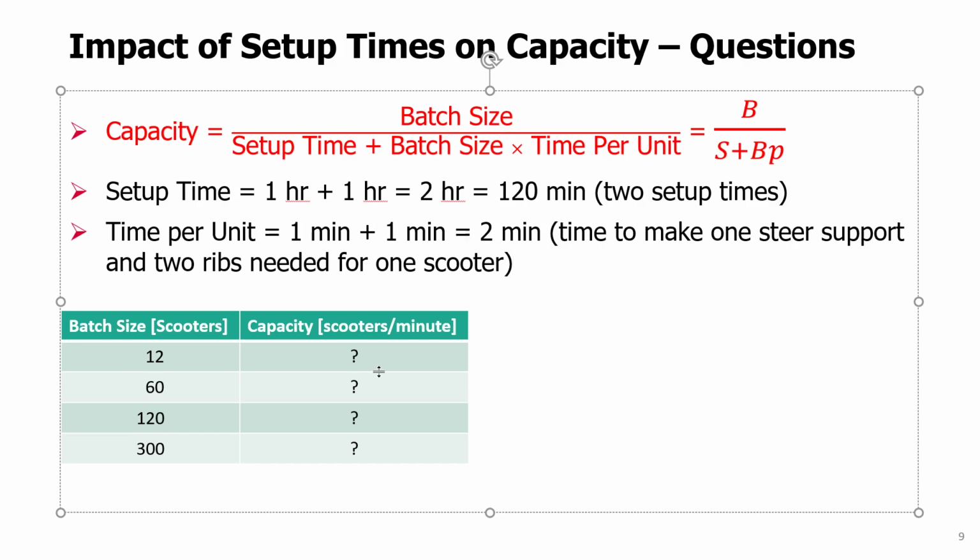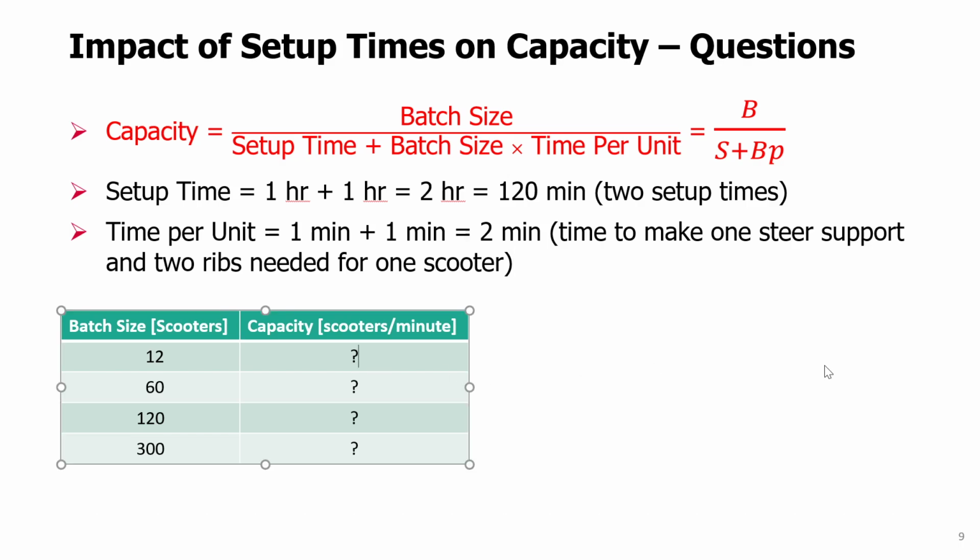And now if you want to calculate the capacity, in this case, it will be 12, batch size is 12, divided by setup time 120 plus 12 times 2, which will be 0.0833 scooters per minute. If you see here, batch size is 60 divided by 120 plus 60 times 2.